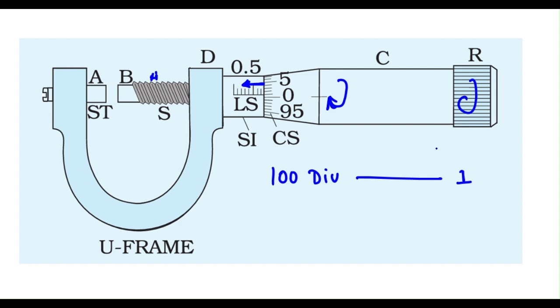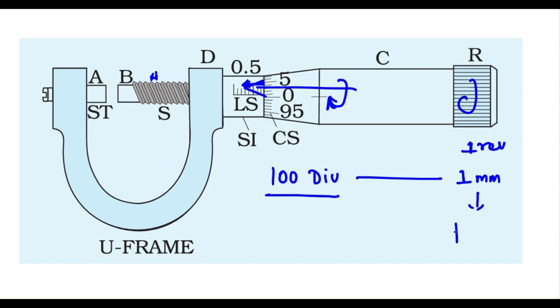Let's say that distance in this particular case is 1 millimeter. So in one complete revolution, this circular scale completes its 100 divisions, and this head moves 1 millimeter, the same length which is between the two consecutive threads.